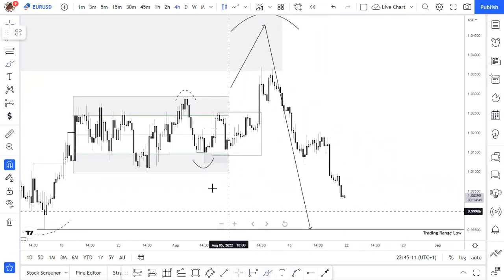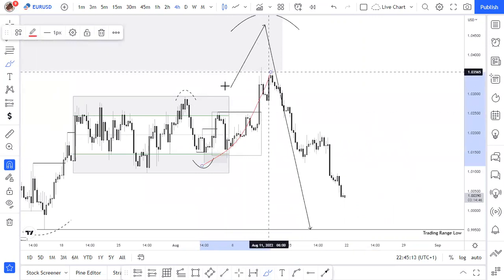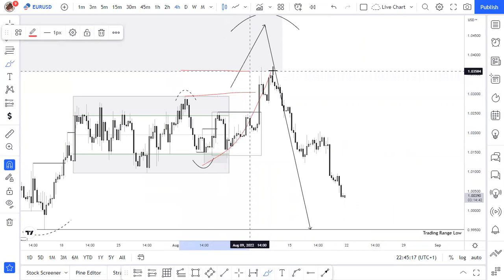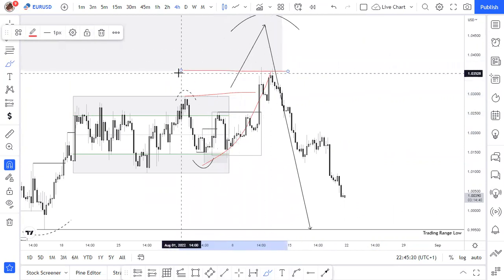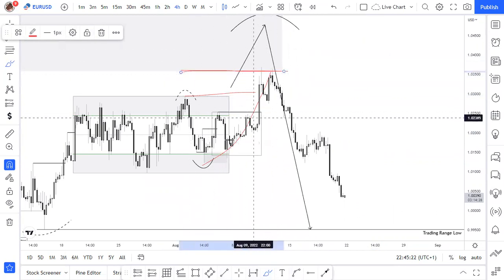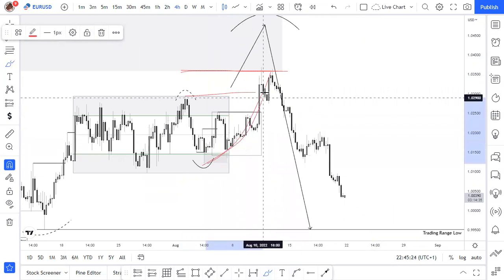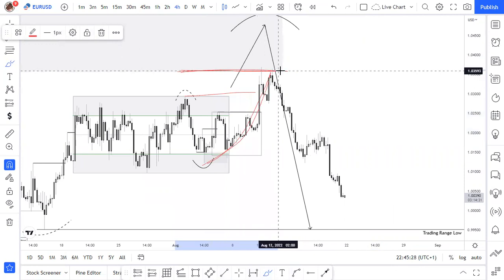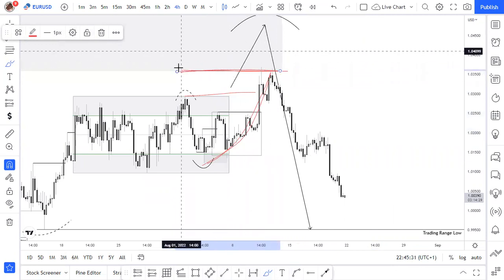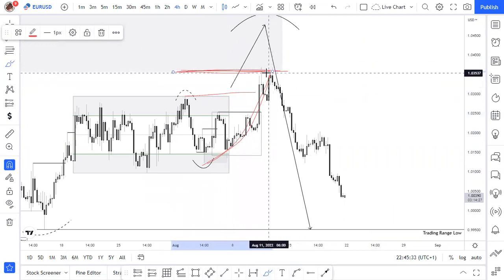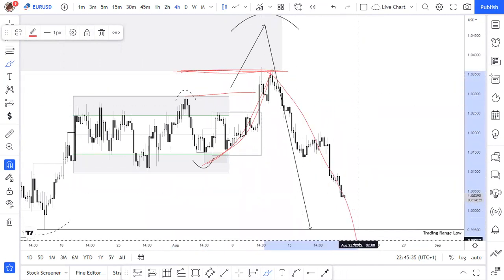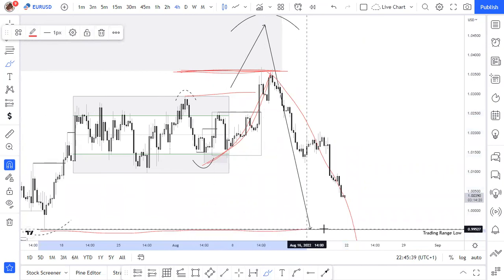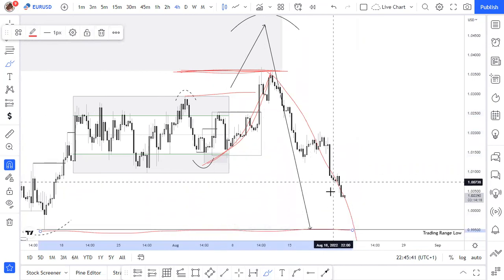I said that since we have this break of structure here, and now we are tapping into this daily supply range, this supply range could hold price and push down to complete that daily market structure, which is something like wanting to see price make a lower low on the daily.